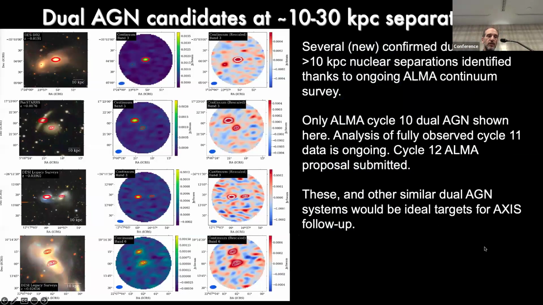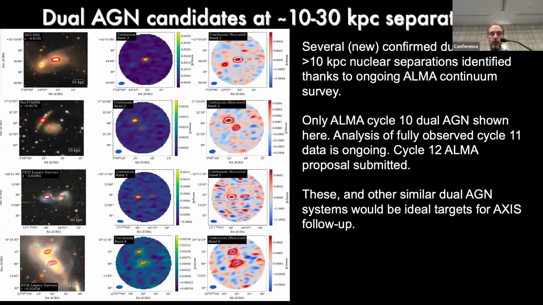We also have much larger samples of wider separation systems between 10 and 30 kiloparsecs. These are only results from our cycle 10 data. We also have cycle 11 data from ALMA, doubling this sample, and we proposed for further cycle 12 observations.